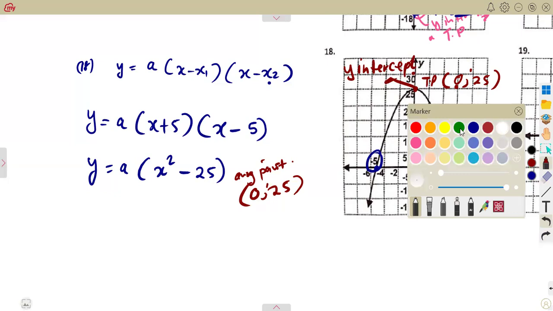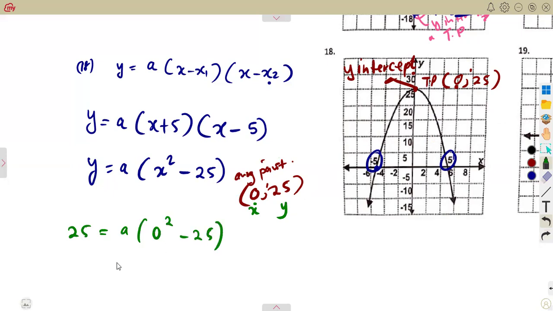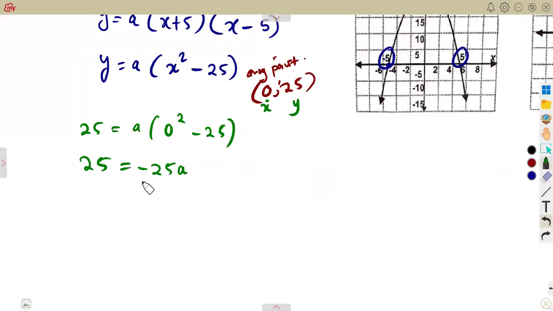Remember our introduction. That's a point where we've got the x value and the y value. By substituting the y value, which is 25, and x as 0, that will be 0 squared minus 25. On your calculator, that is negative 25 times a, which is negative 25a. So let's find the value of a by dividing by negative 25 both sides. Our a is going to be negative 1.